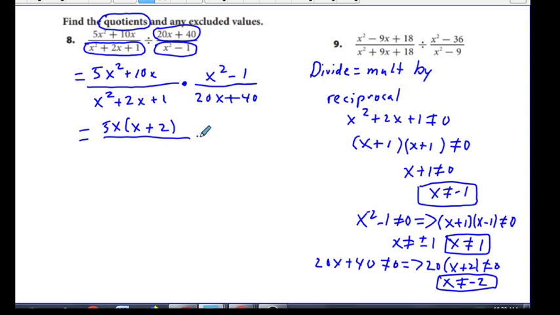And then our denominator, we have x plus 1 squared. And then for the right one here, we have x plus 1, x minus 1. And then our denominator, we have 20 times x plus 2, right?